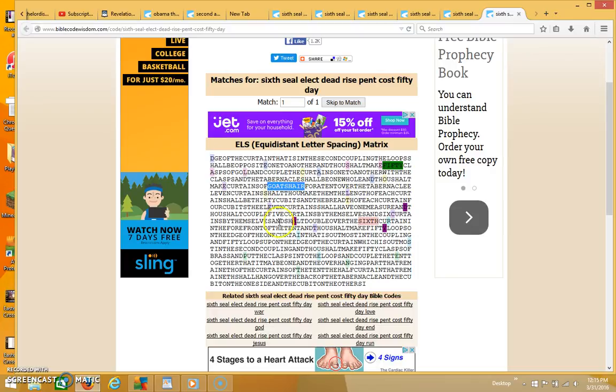And it could also be a reference to the two witnesses, because they're going to come in sackcloth and ashes. And again, I'm not sure if the sackcloth is meant to be interpreted as literal when the two witnesses show up, and I don't know if two is necessarily just two individuals or if it has more meaning to it than that.